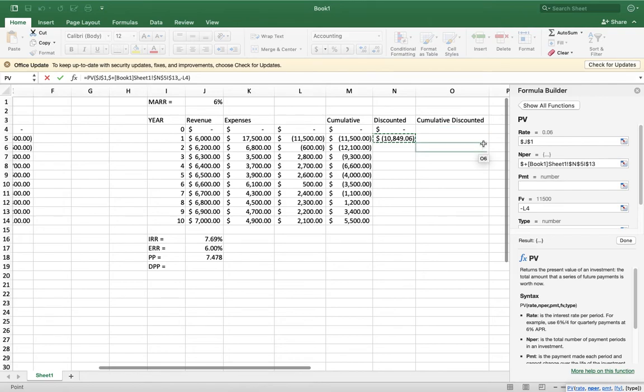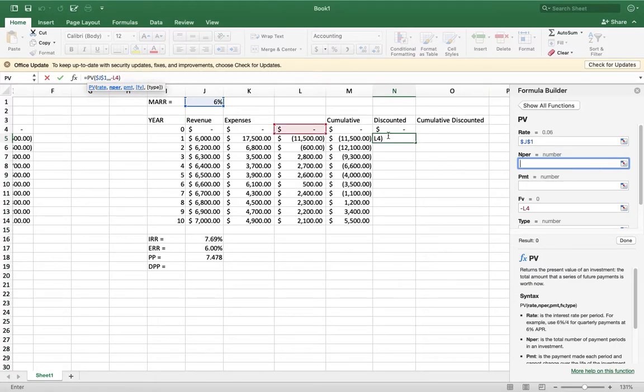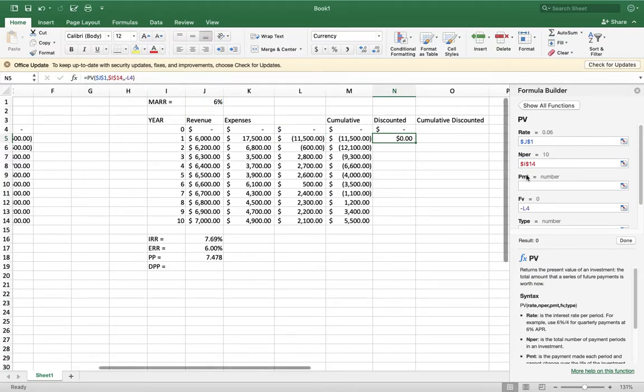I was supposed to use this value. That's not right either.